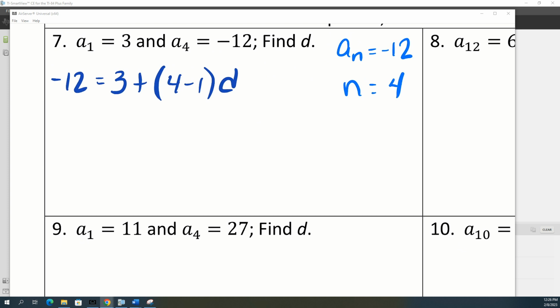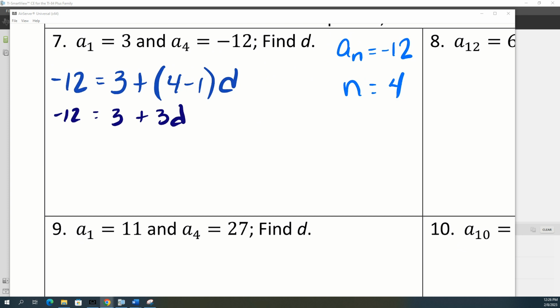What would you guys do first? Okay, 4 minus 1 is going to be 3. All right, and then what would I do with the other 3?